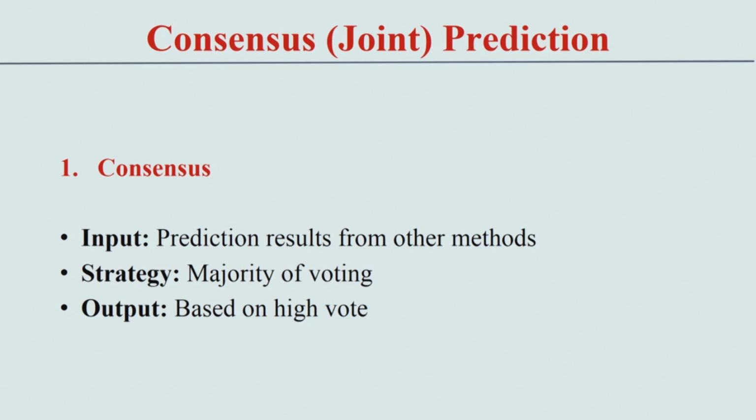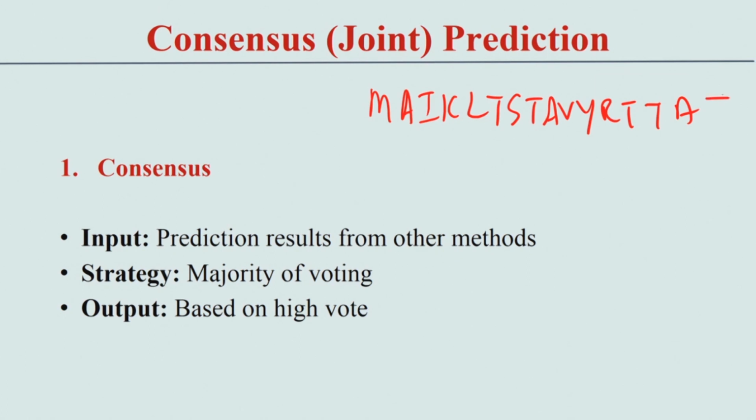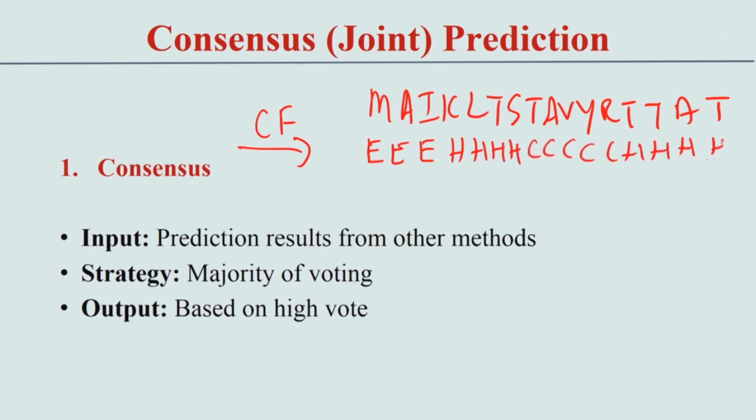For example, we use GOR and we get the secondary structures: E, E, E, H, H, H, H, C, C, C, C, C, H, H, H, H.